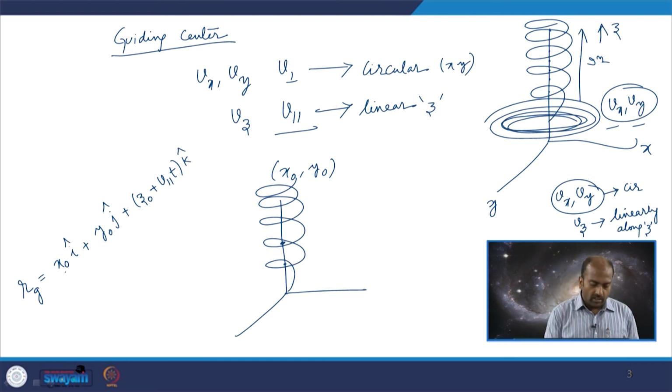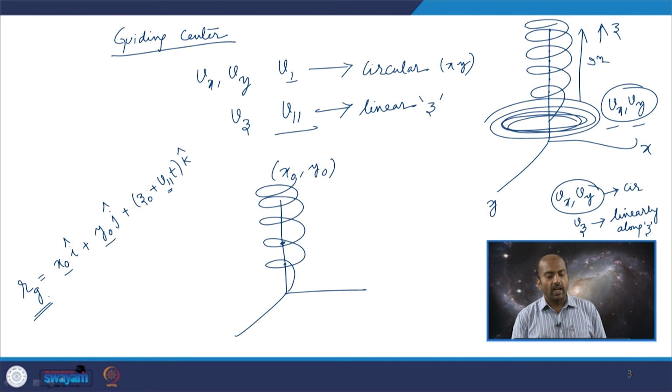Now, x0, y0 is the center of this circle, so they are constant, and z0 is the initial point at which the velocity starts to get influenced by the magnetic field. This is the parallel component of velocity, v parallel times t. So, with time, this Rg gives you the position of the guiding center.